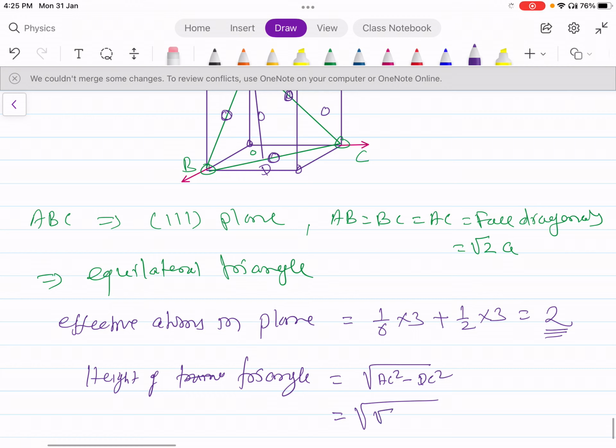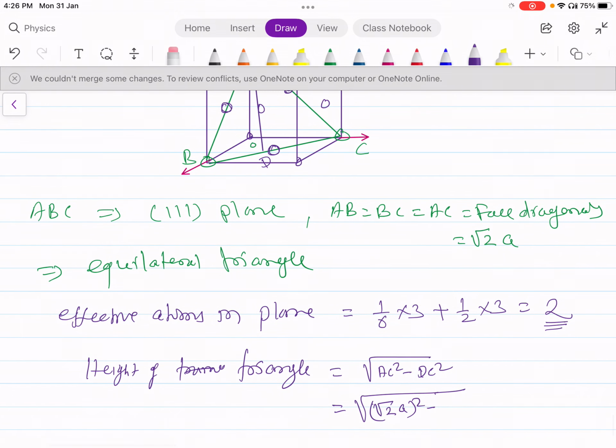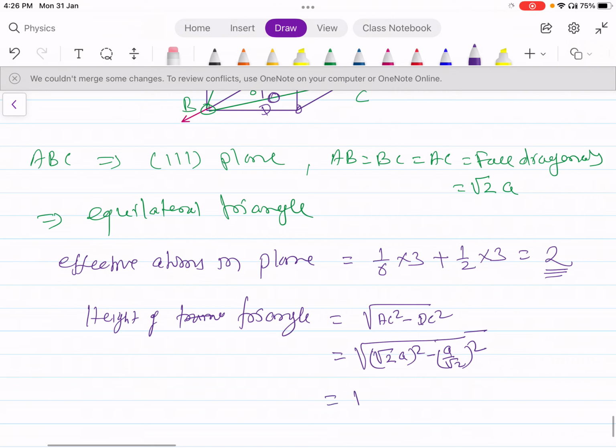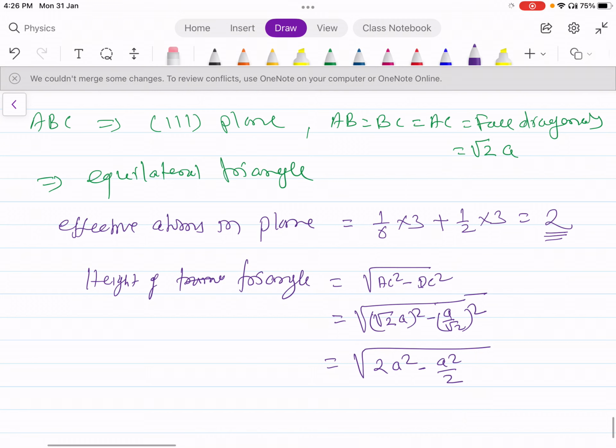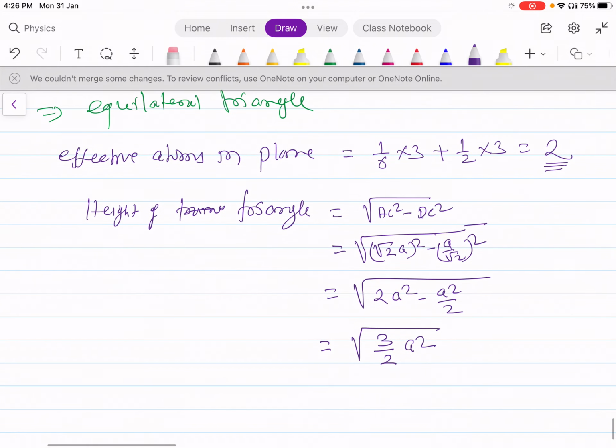AC is root 2 A, so (root 2 A)² minus (DC)², where DC is root 2 A by 2, that is (A by root 2)². So this equals 2A² minus A² by 2, which comes to root of 3 by 2 A², or we can write root 3 by 2 A. So that is the height.